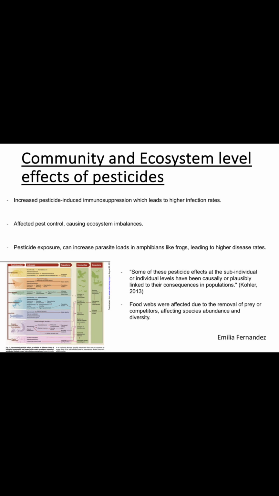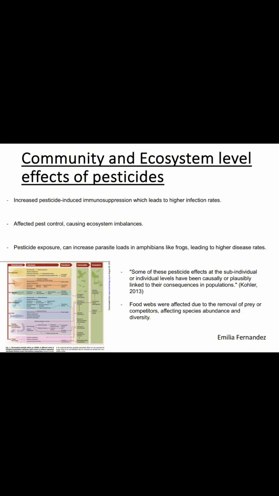Another one was affected pest control, causing ecosystem imbalances. Not only that, but pesticide exposure can increase pesticide loads in amphibians like frogs, which leads to higher disease rates. Lastly, but not least, food webs were affected due to the removal of prey and competitors, affecting the species, abundance, and diversity.